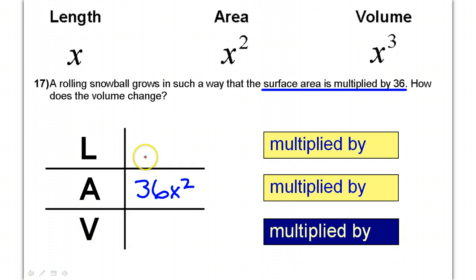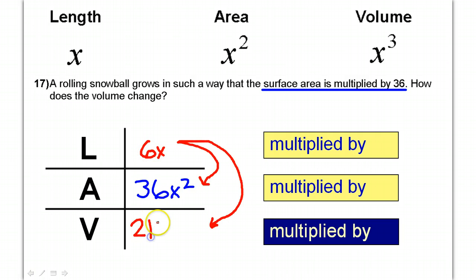So you go back to the length, and it's 6x, because if I square it, that's what it would take to get 36x squared. And then cube the volume, which is 216. If I cube the length of 6x, that would be 216x to the third power.